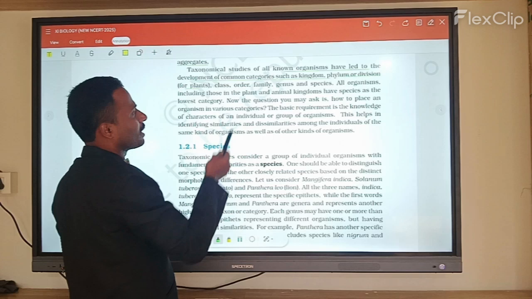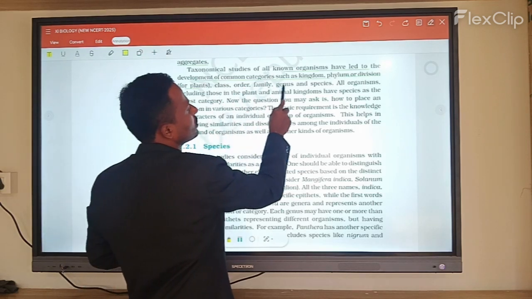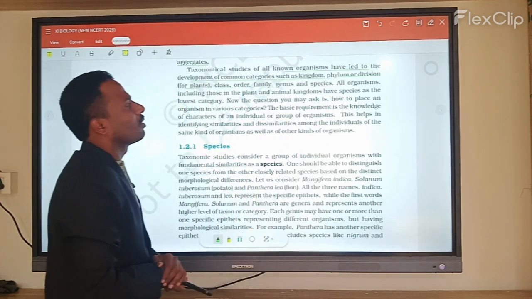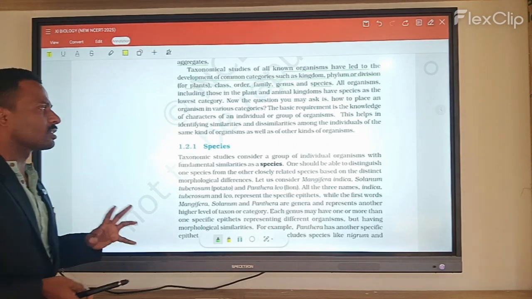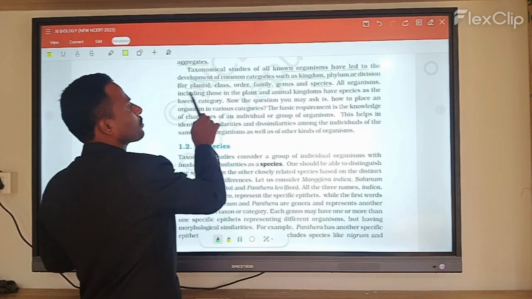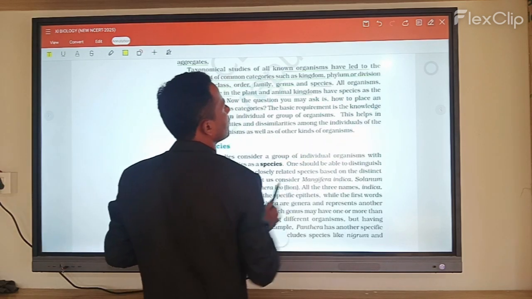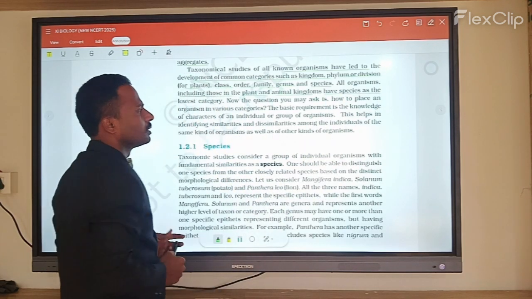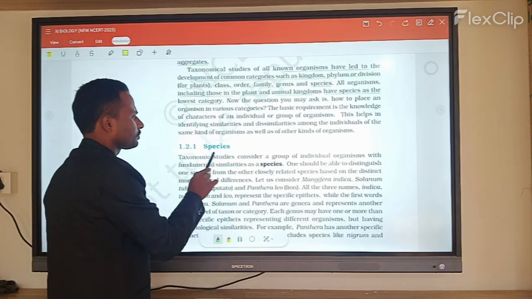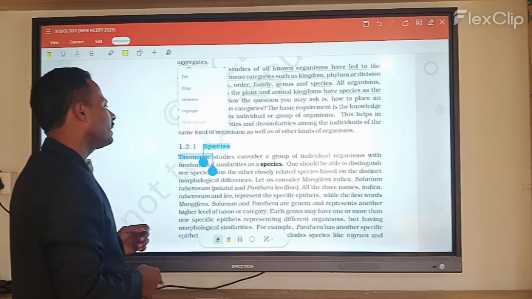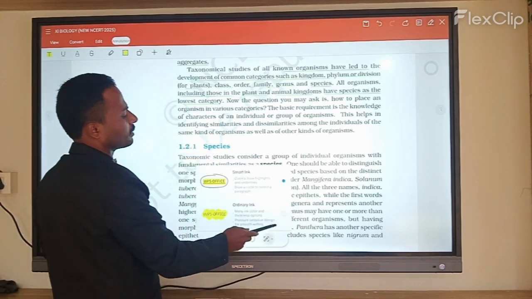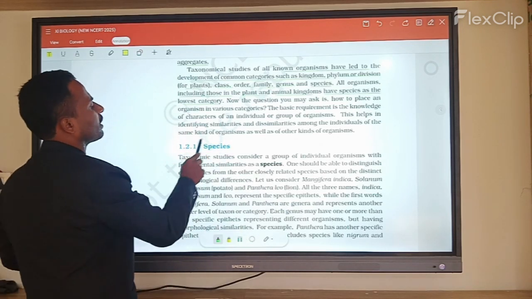In animal groups we call it a phylum, class, order, family, genus and species. So these are called the taxonomic hierarchy levels. And all the organisms, including the plant and animal kingdoms, have the species as the lowest category. So here the species is the lowest category.